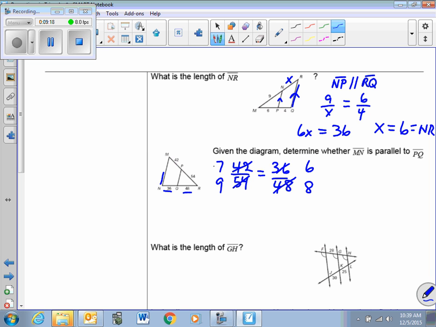I could further simplify this. 2 goes into both of these, giving 3 over 4. And those two things, 7 ninths, 7 ninths does not equal 3/4. Therefore, MN is not parallel to PQ.